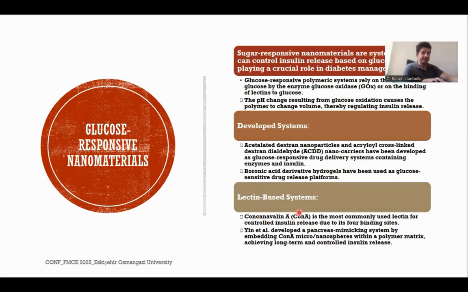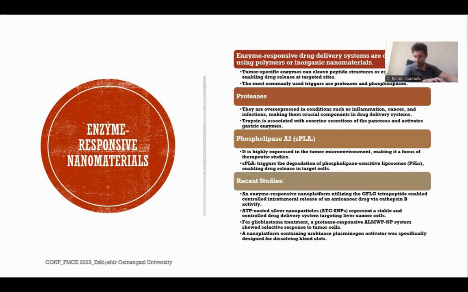Concanavalin A is widely used due to its multiple glucose binding sites, enabling controlled insulin delivery. In a notable study, Yin et al. developed a pancreas mimicking system by embedding Con A micro nanospheres in a polymer matrix, achieving long-term glucose-responsive insulin release.